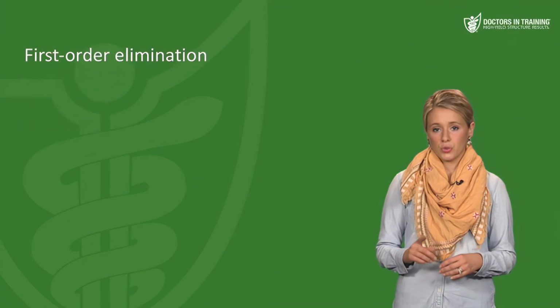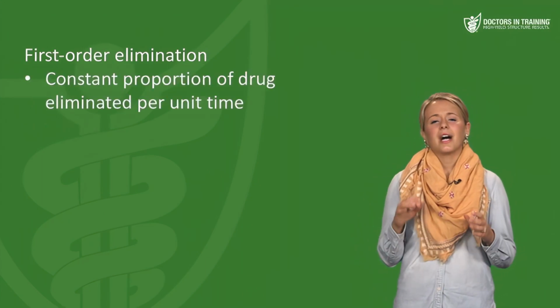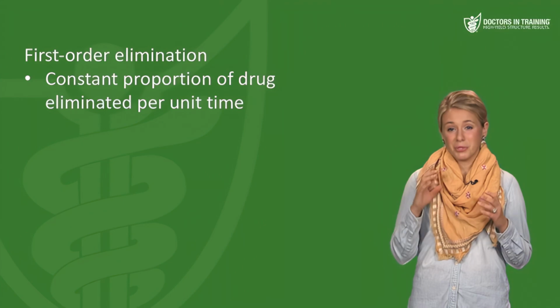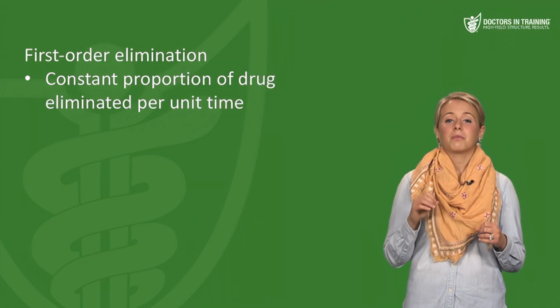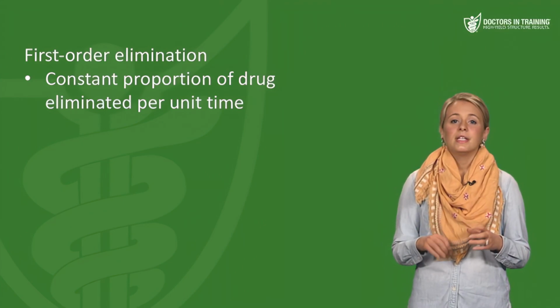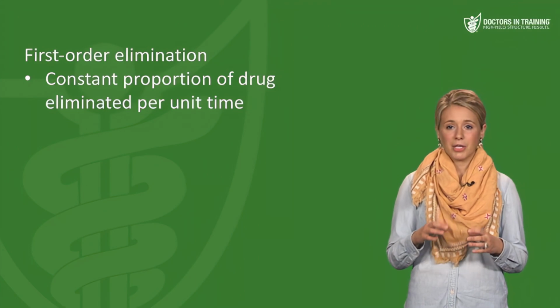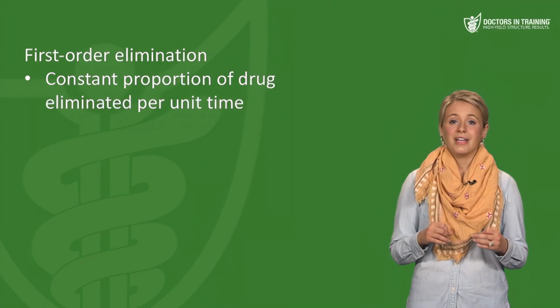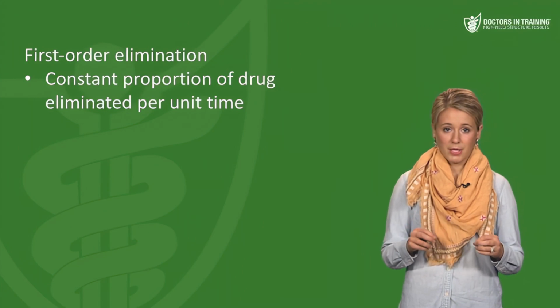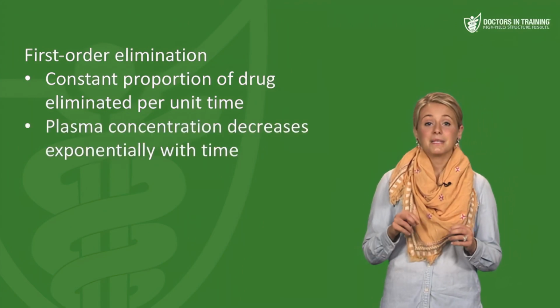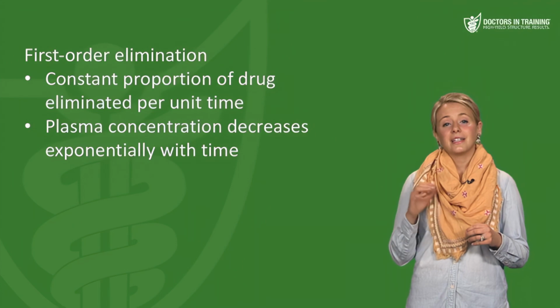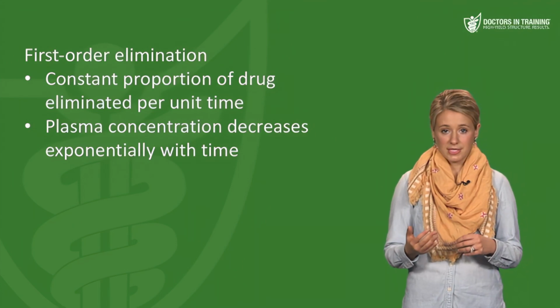And then there's first-order elimination. This is where a constant proportion or constant percentage of the drug is eliminated per unit of time. Zero order was a constant amount per hour, but first order is a constant percentage per hour. This means that the plasma concentration decreases not linearly, but exponentially with time.